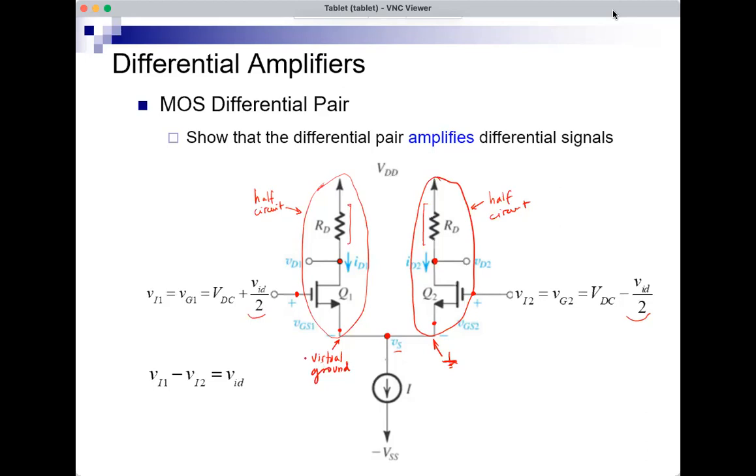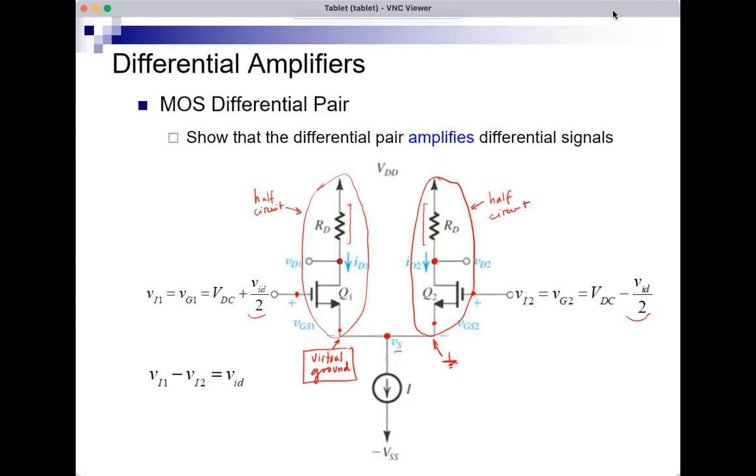When we have a virtual ground here, the half circuit is just Q1 with resistor RD, input at gate, source grounded, output at the drain. That's my very good friend, the common source amplifier.